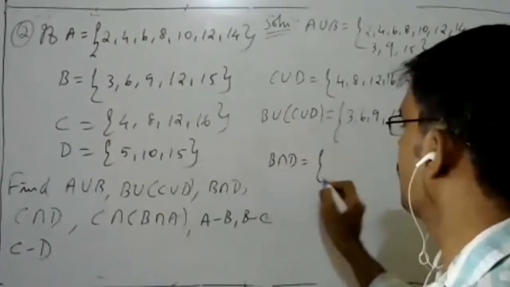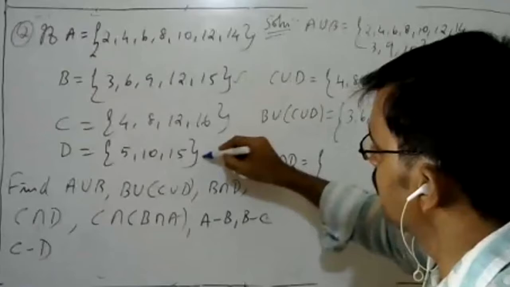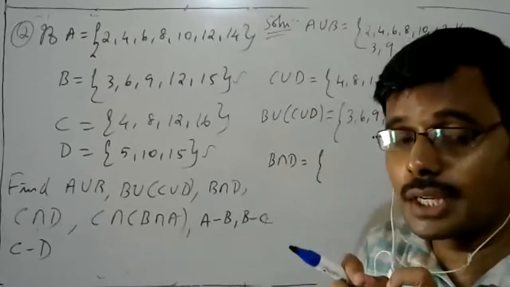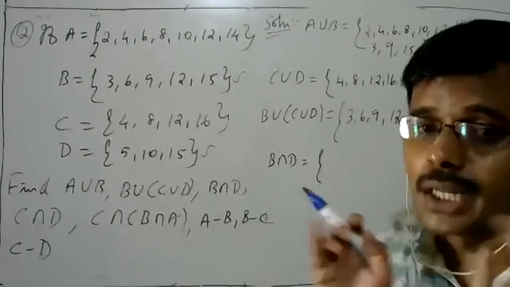Next one. This is B. This is D. What is the intersection? Intersection means you write only common elements.